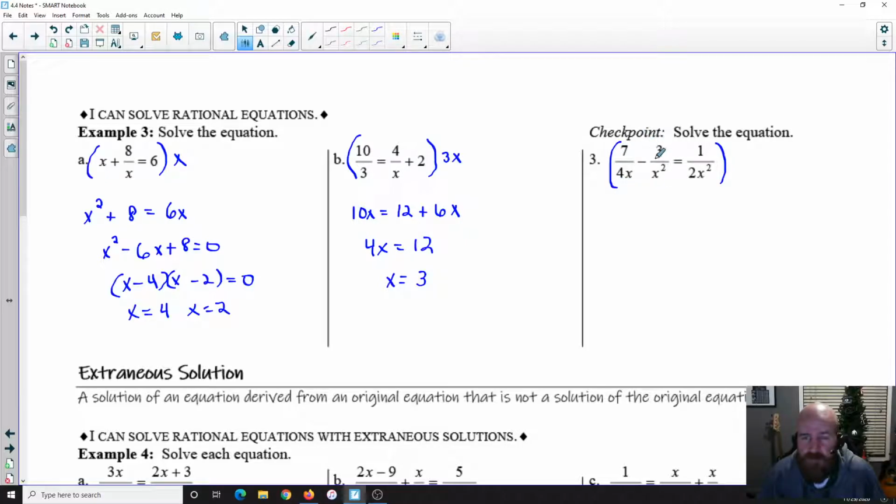Alright, this one might be a little trickier to see what the common denominator is, but it should be a 4, because that's the least common denominator between 2 and 4. And then x squared and x, that's going to just be x squared. So that should be your least common denominator. Now we multiply it in. The 4's would cancel out, so we'd be left with an x out here times 7.